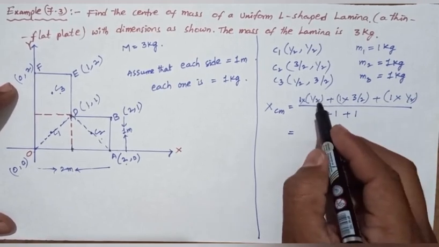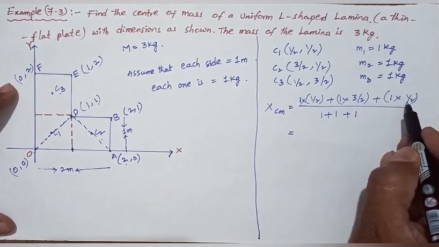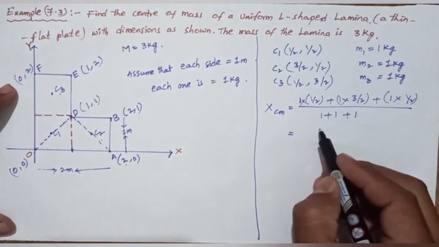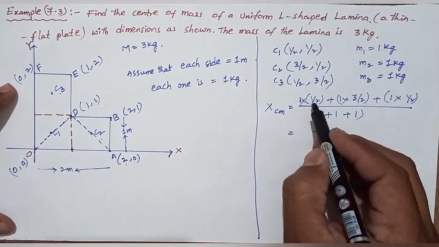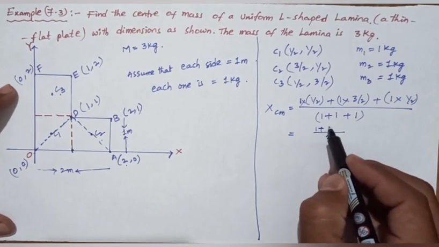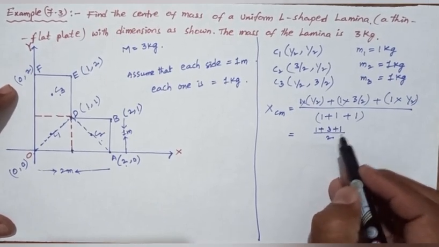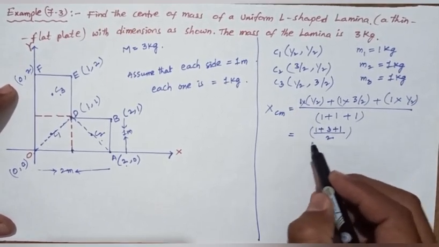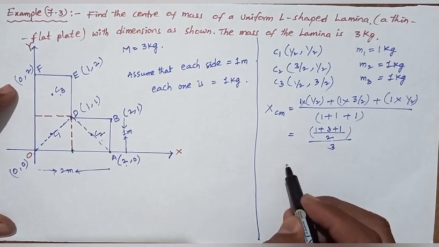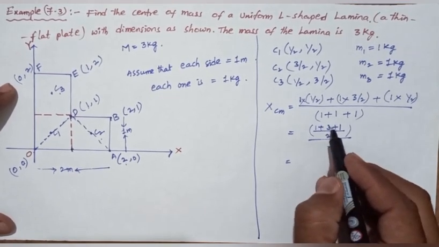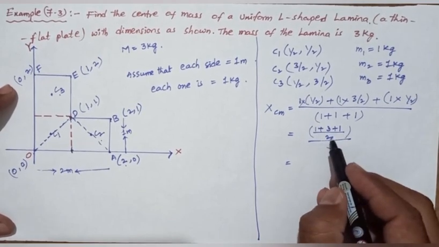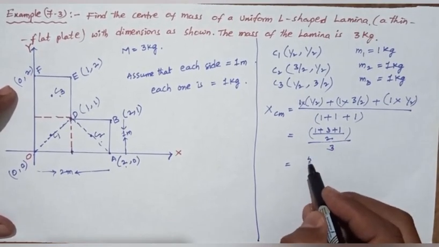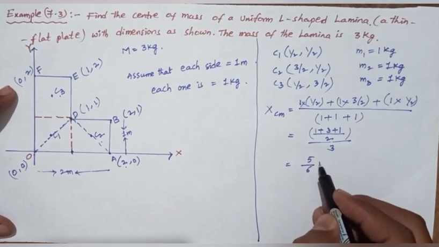That equals 1 by 2 plus 3 by 2 plus 1 by 2. LCM is 2, so 1 plus 3 plus 1 whole divided by 3. That equals 5 by 2 by 3, so it is 5 by 6 meters.